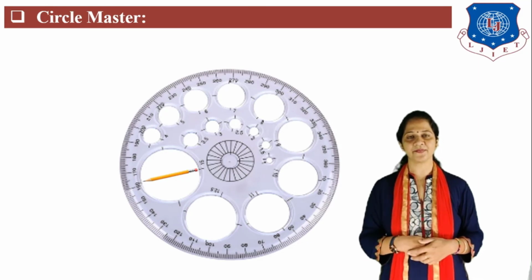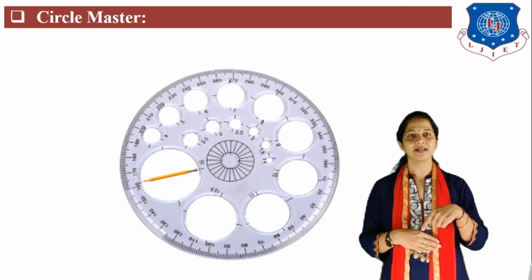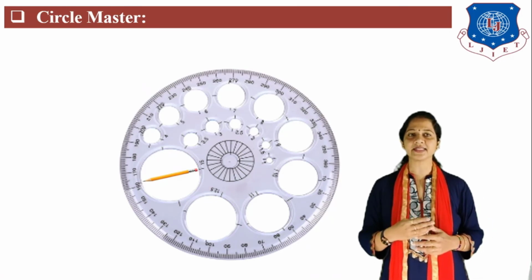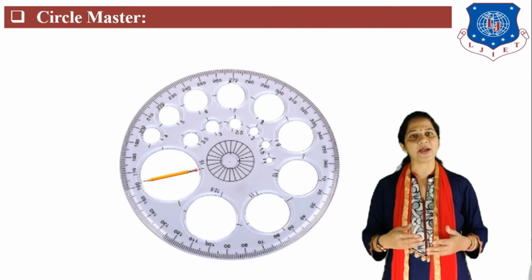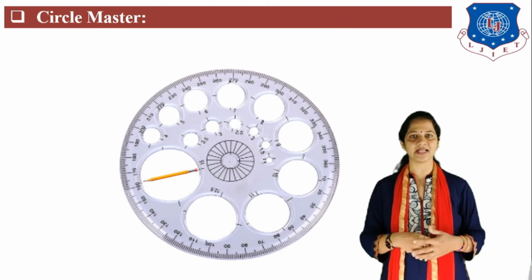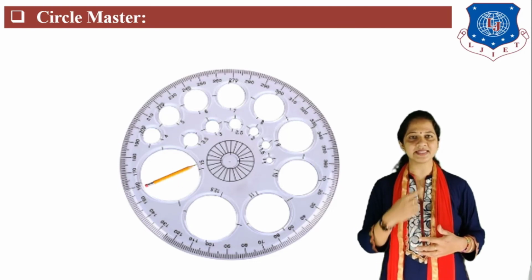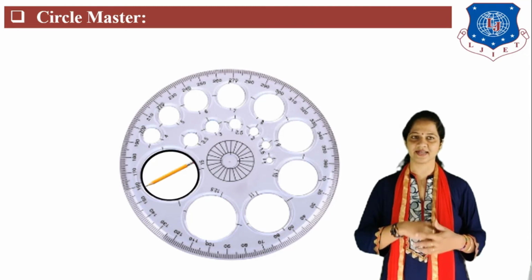For example, if you want to draw a circle having radius 15 mm, or we can say diameter 30 mm, then select the circle, set the pencil inside the circle and draw a circle.